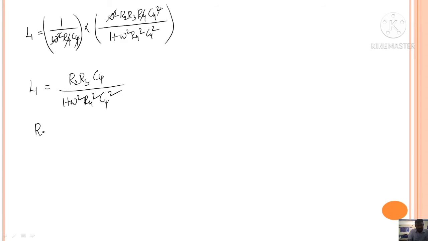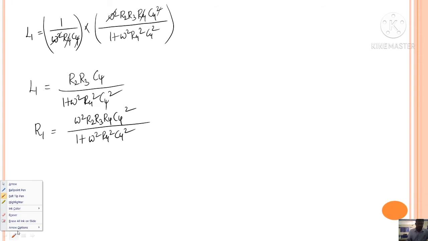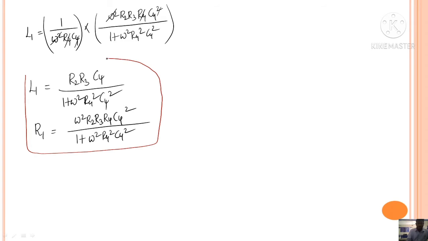Similarly, what is R1 value? I have written already here R1 value. So it is omega square R2 R3 R4 C4 square divided with 1 plus omega square R4 square C4 square. So these two are the balancing equations for Hayes bridge, which is a small modification.